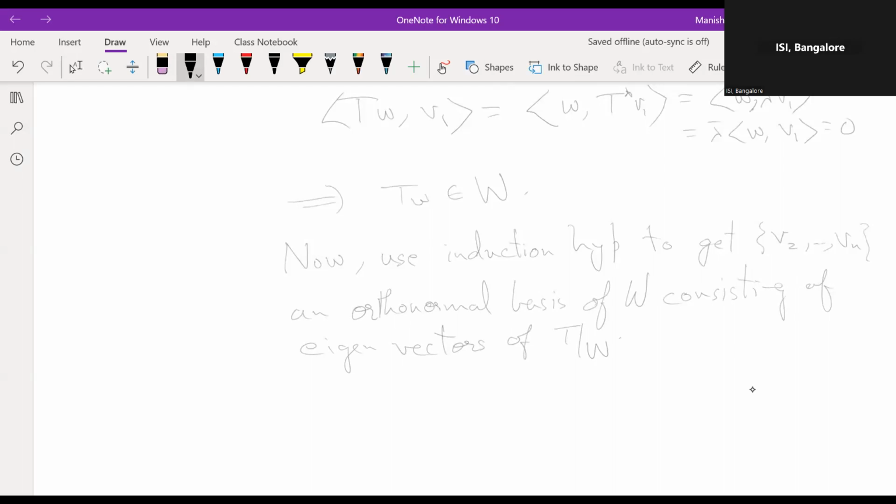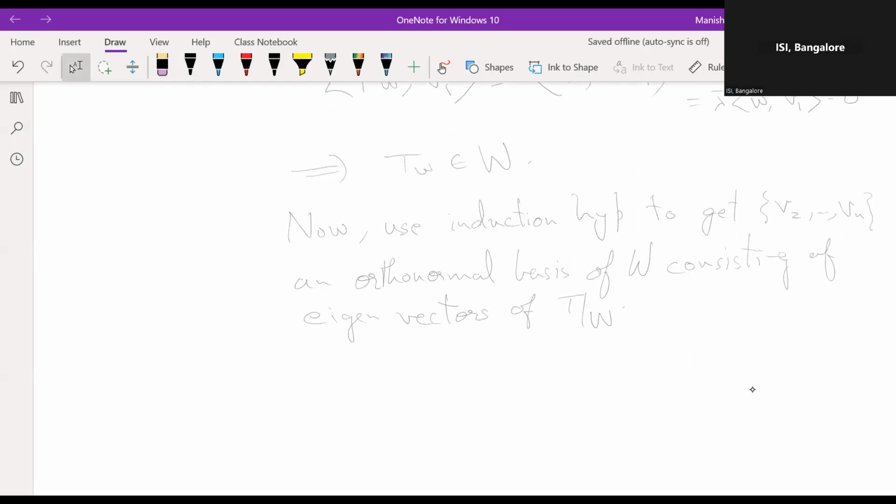To check a normal operator, again you have to do an element-wise check. So maybe one should write here that T restricted to W is a normal operator on W, and the dimension of W is n minus 1, where n is the dimension of V.